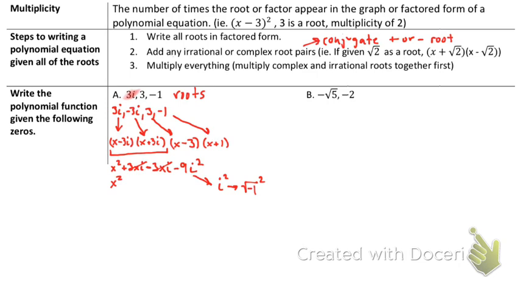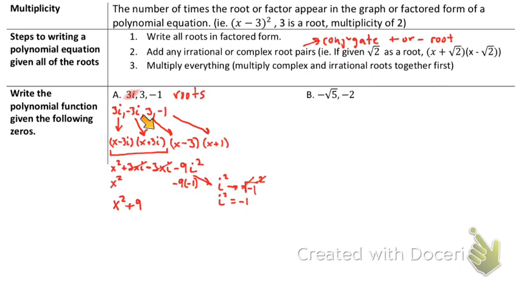Okay, and if you remember, this is simple math here, square root and powers of 2, they actually cancel each other out. So i squared is actually equivalent to negative 1. So if we do this math here, we really have negative 9 times negative 1, and that's going to give me x squared plus 9.